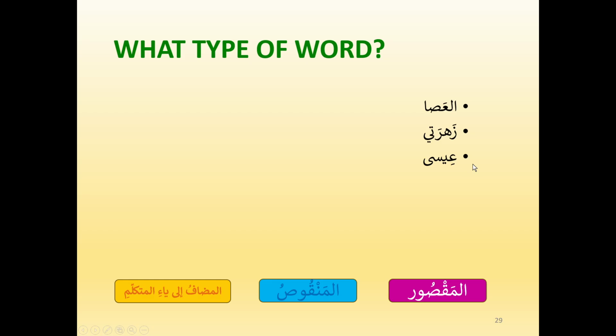Now this one. I hope you can see. Here, Isa. Yeah, Isa is maqsur, I think, again. Yes, maqsur again. Excellent. Now I have to see carefully. Ta'irati is the same. Al-Muḍāf ila ya mutakallim.